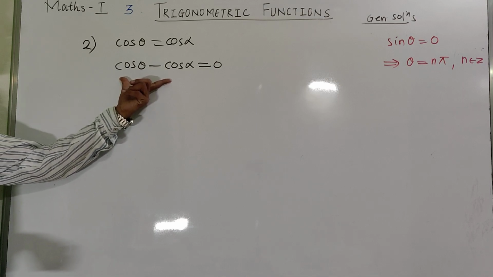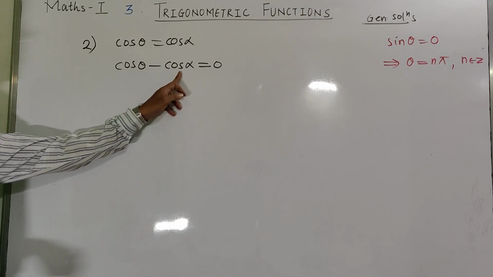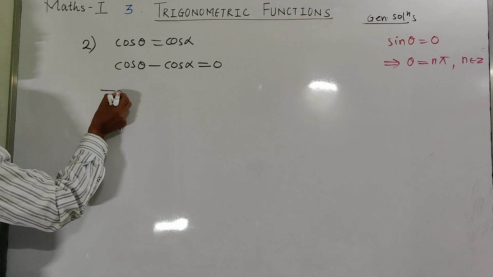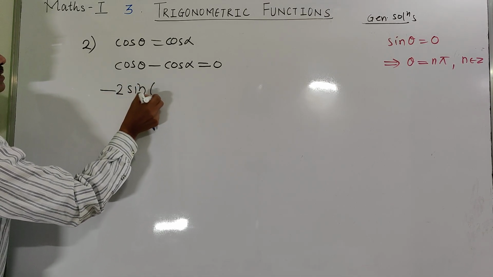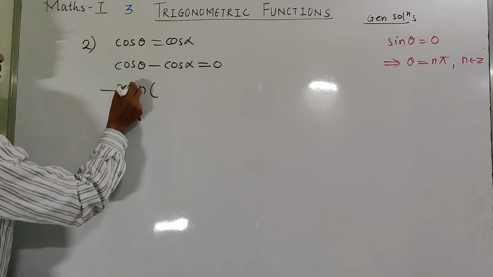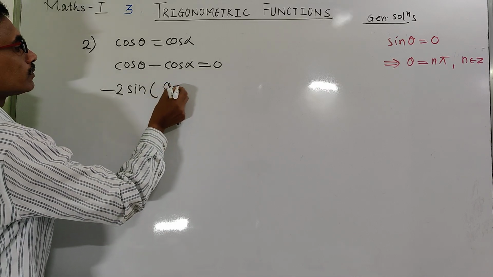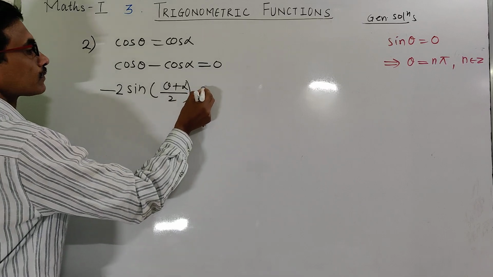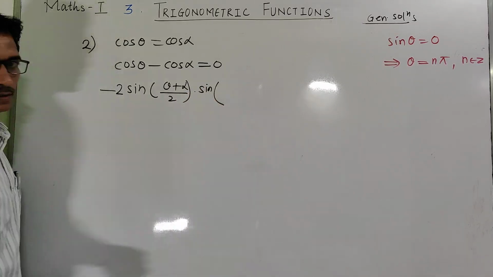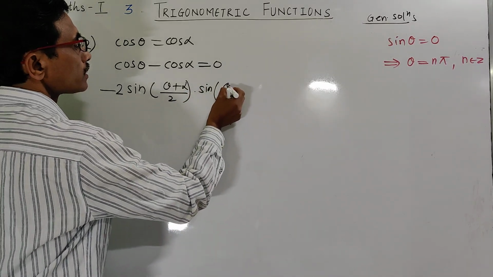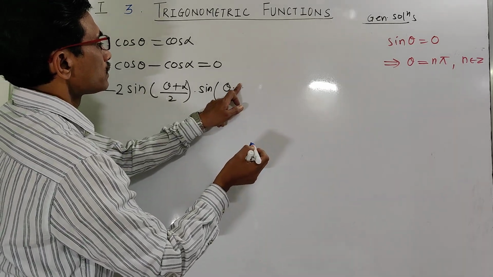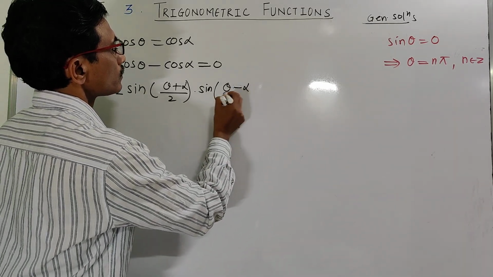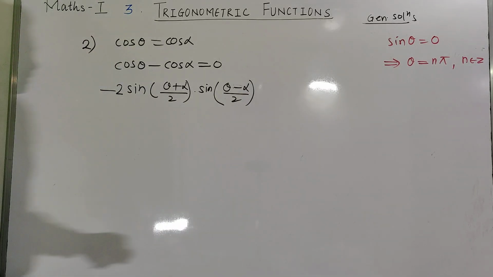Again we apply the factorization formula: cos c minus cos d is minus 2 sin of c plus d upon 2 into sin of c minus d upon 2. Here c plus d upon 2 will be theta plus alpha upon 2, and c minus d upon 2 is theta minus alpha upon 2. Right hand side is 0.